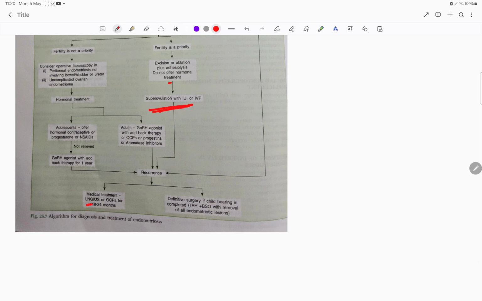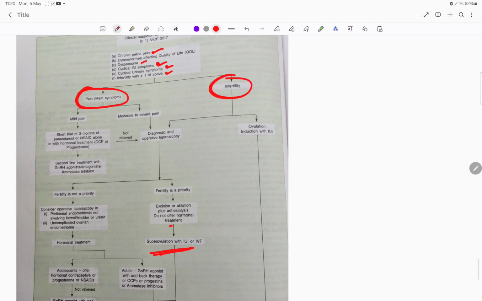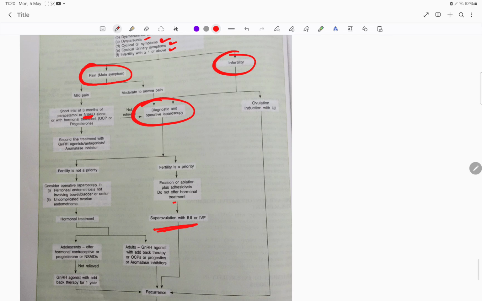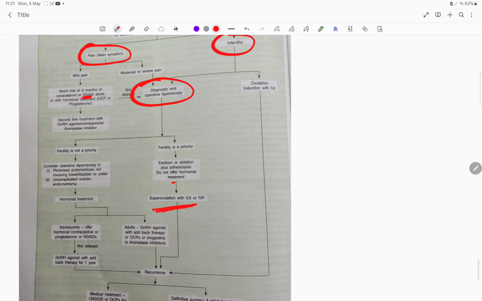Medical management with an LNG intrauterine device can be done. For mild to moderate pain, you again go for diagnostic and operative laparoscopy. For mild pain, you can just give a short trial of NSAIDs. Second line is GnRH agonist or antagonist, aromatase inhibitors. These all things, agonist, antagonist, aromatase inhibitors, androgens, we have discussed.